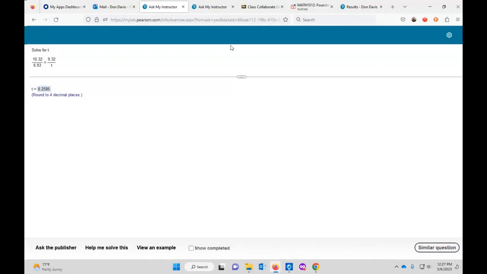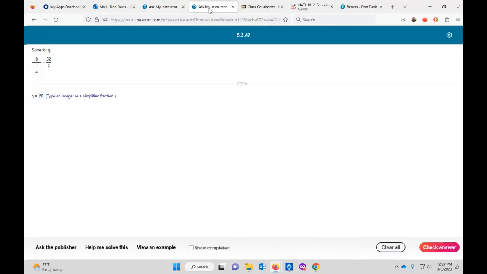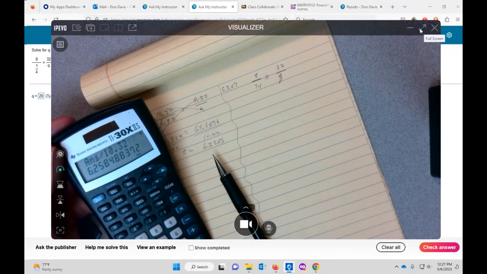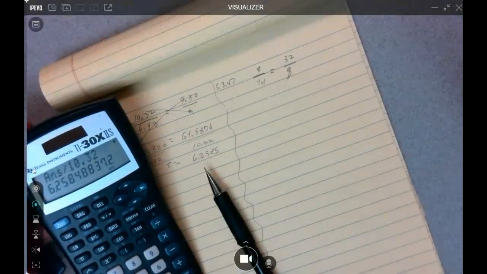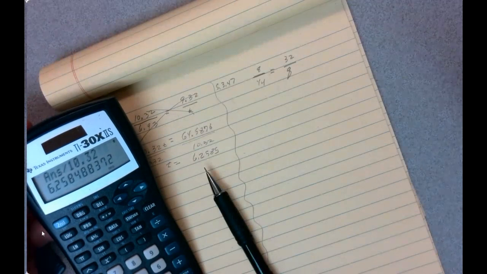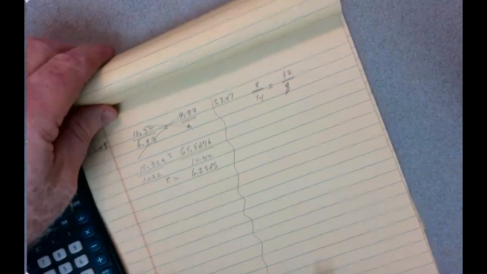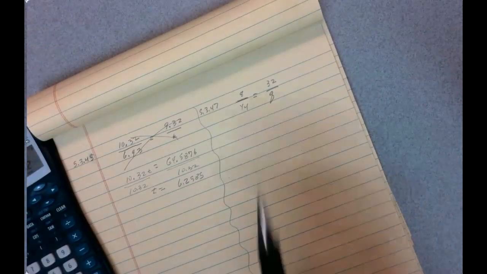Okay, it liked it. Now before we do the calculation on the other one, let's see. This one says type an integer or a simplified fraction. All right, let's go back to the pad and see what we got here. Let's do the other one that was in the set.